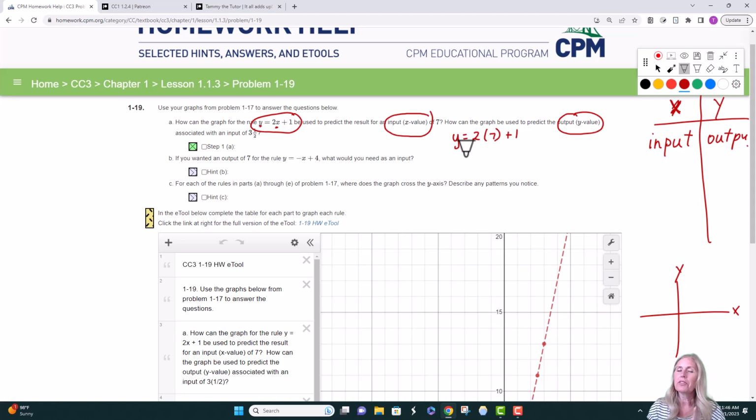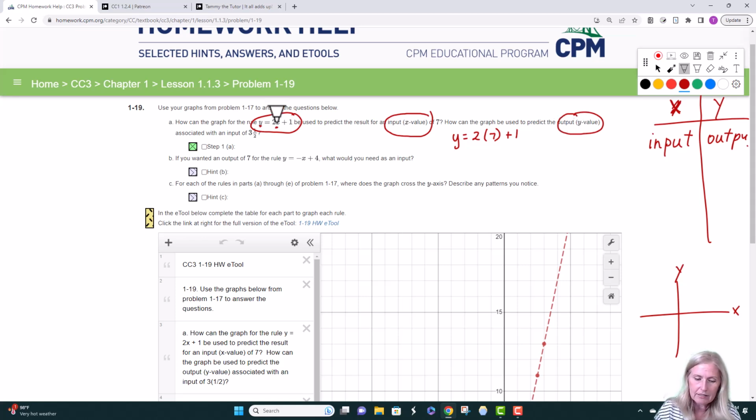But that's not really what they're asking yet. I just want to connect these dots for you because they're going in circles and talking about so many big things, and you're probably going to get frustrated. I don't want you to get frustrated. Before I move on, though, let's also look at what it means when they talk about the output y value.